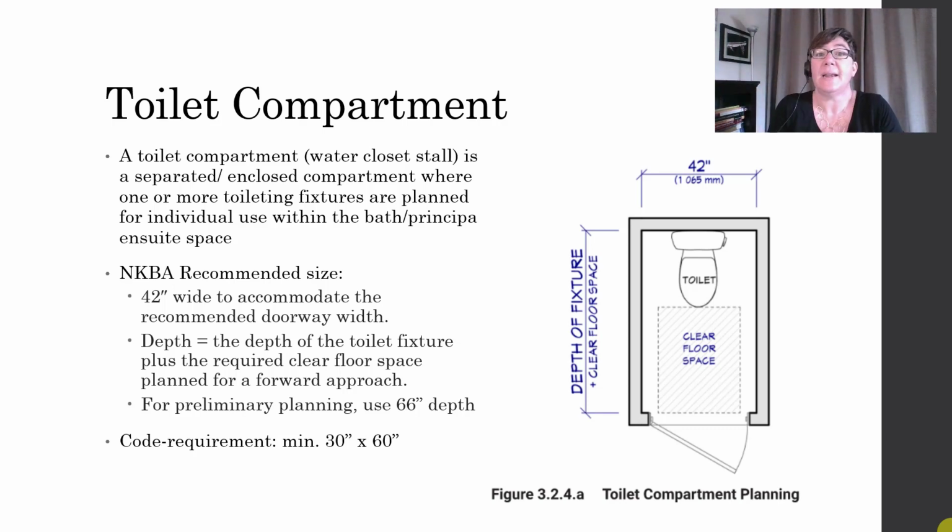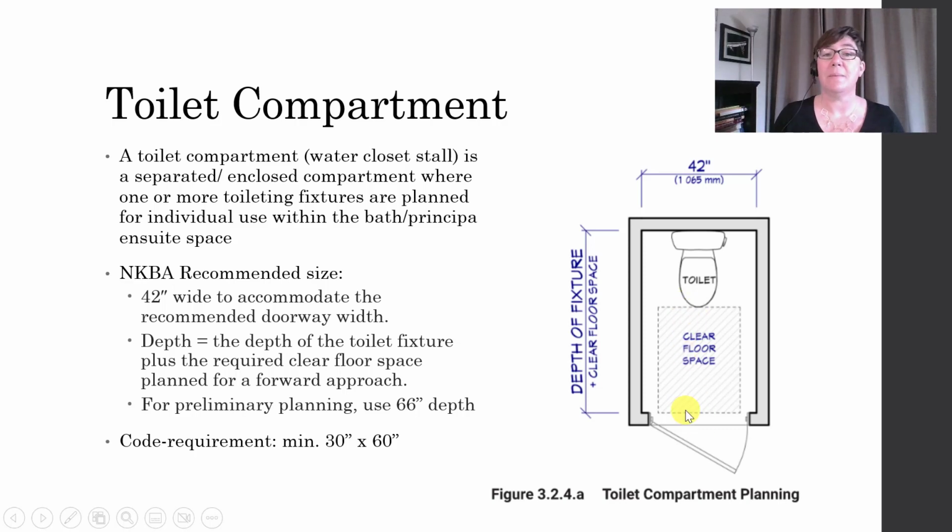It's basically a tiny little room for your toilet and or bidet, etc. Now, NKBA recommends at least 42 inches in width, and the depth would be the depth of the toilet fixture, including any gap behind it, and you'll find that in your spec sheet when you've selected your products, plus your required clear floor space for a forward approach.